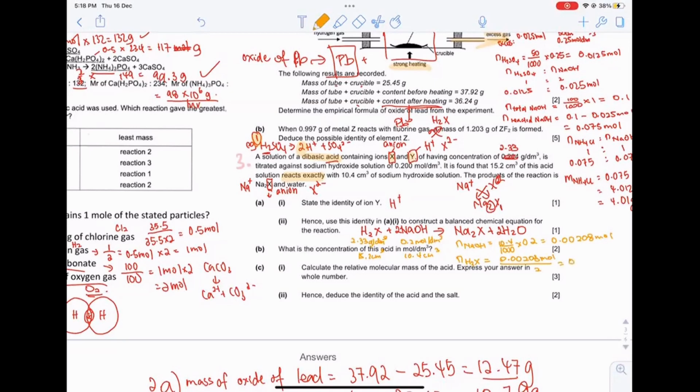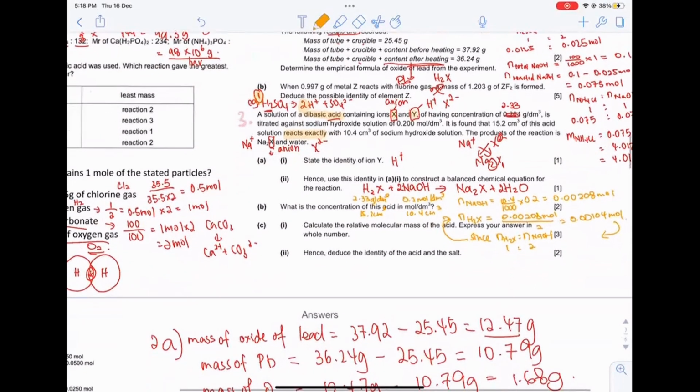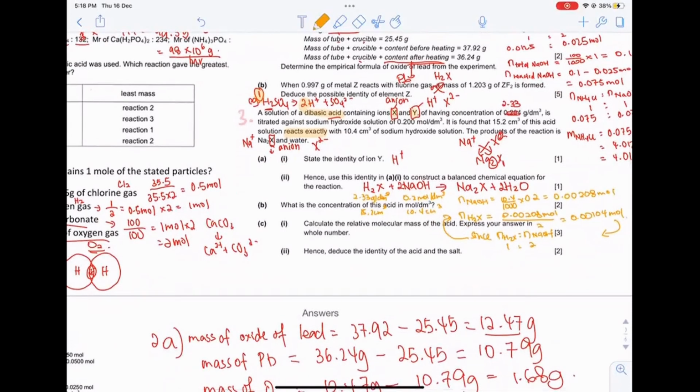So this will be 0.00104 mole, since number of moles of H2X to number of moles of NaOH is 1:2. Actually, you should write this first, then this below, but it doesn't matter as long as you understand.